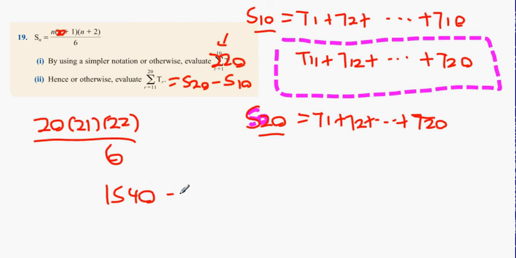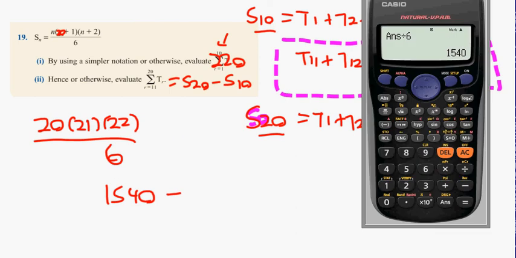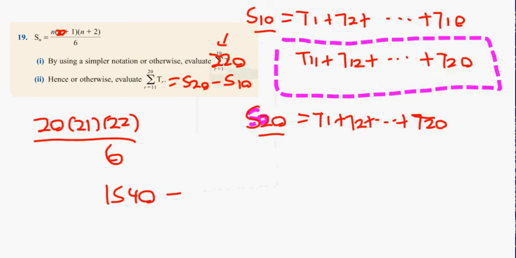Then you're going to take away your 220. And when you take away your 220, what you should get is 1,320. There you go, 1,320.